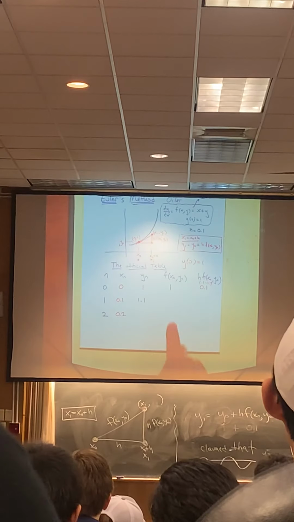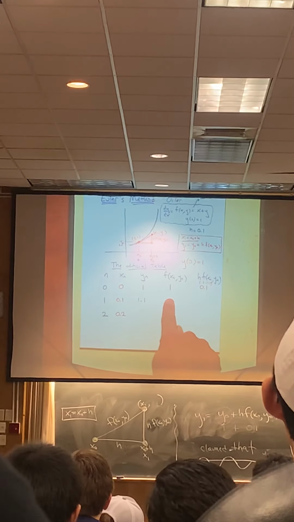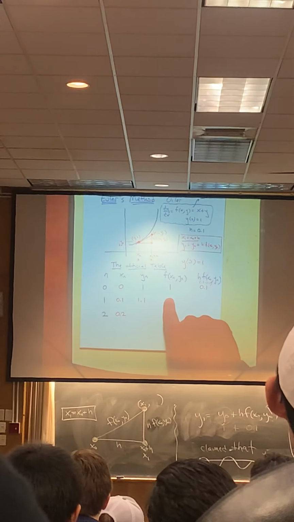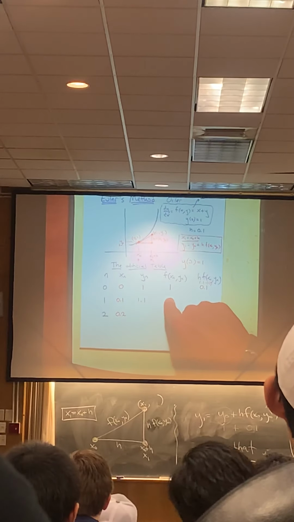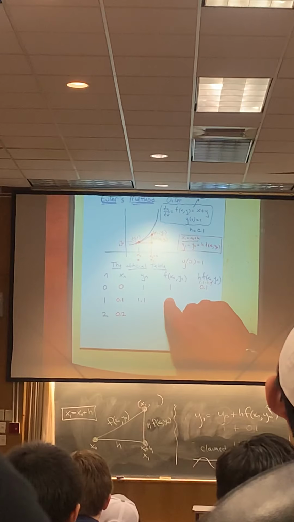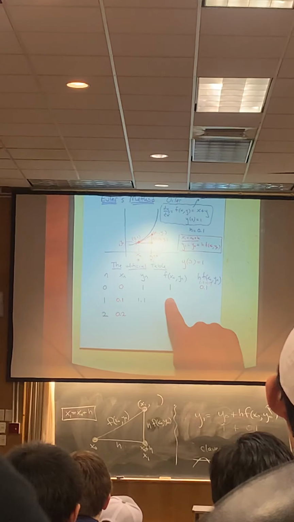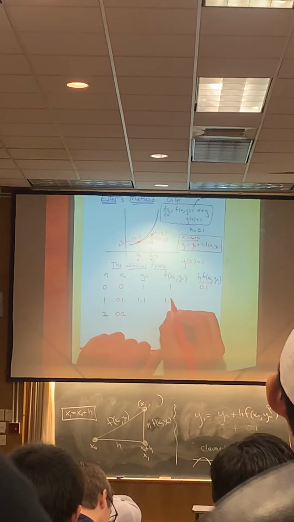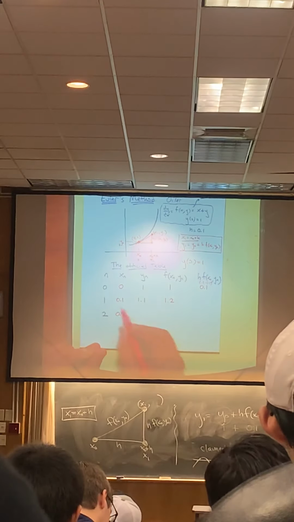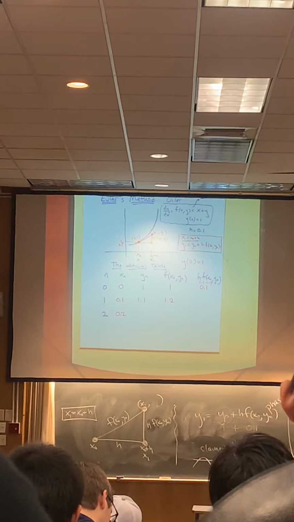How do I get my hand on that one? Plug it in. I heard somebody saying plug it in. Yes, you plug it in on the rate function and you get 1.2. Because it's asking me to add those two, the rate function.